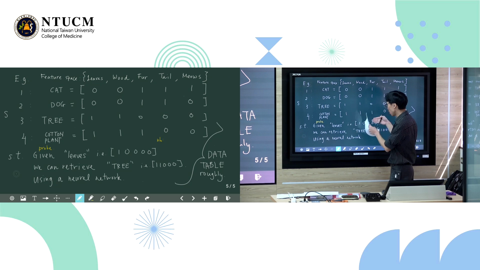But even if it's partial, I somehow can retrieve the entire thing back. So there is this delocalization of representation.